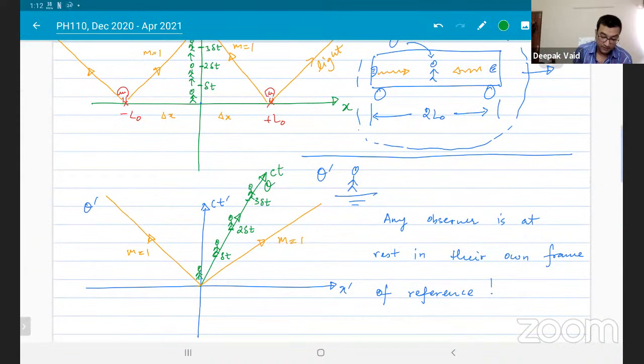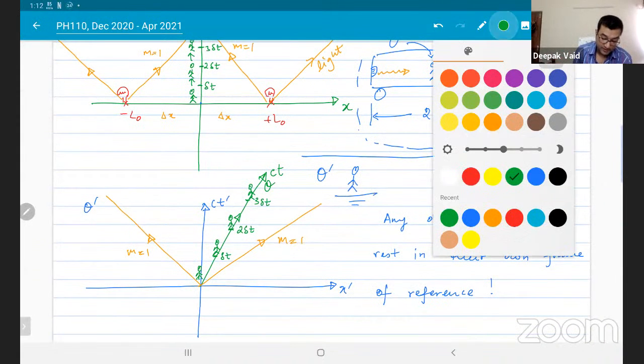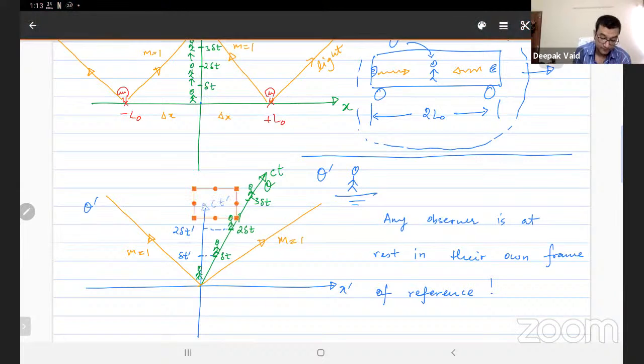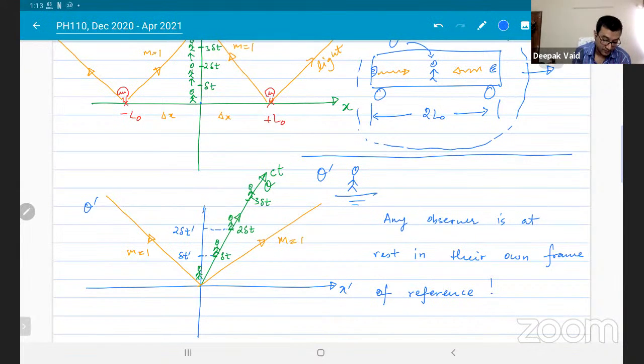But as seen by O prime, this will be some delta t prime. This will be some 2 delta t prime. And this will be some 3 delta t prime.